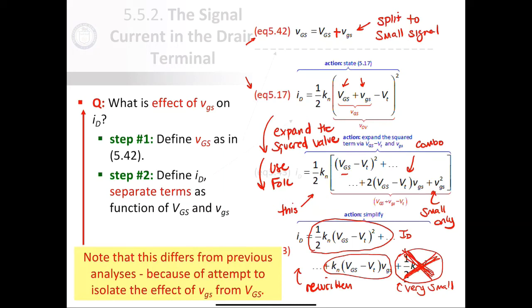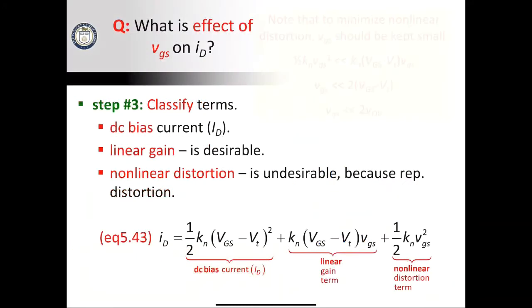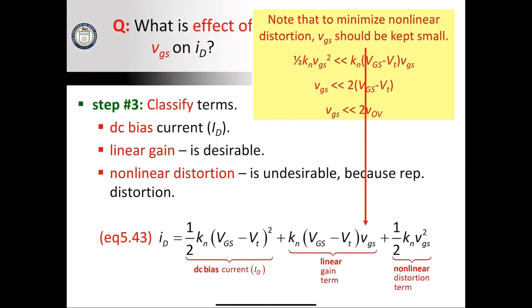What it leaves us with is a nice large signal component and small signal component. And here, again, the relationship is linear: vgs times a coefficient. Just like how we had 1 over RD for the diode, we can have 1 over RD, which will be equal to Kn times (VGS minus VT). That's the relationship between small vgs and small id.